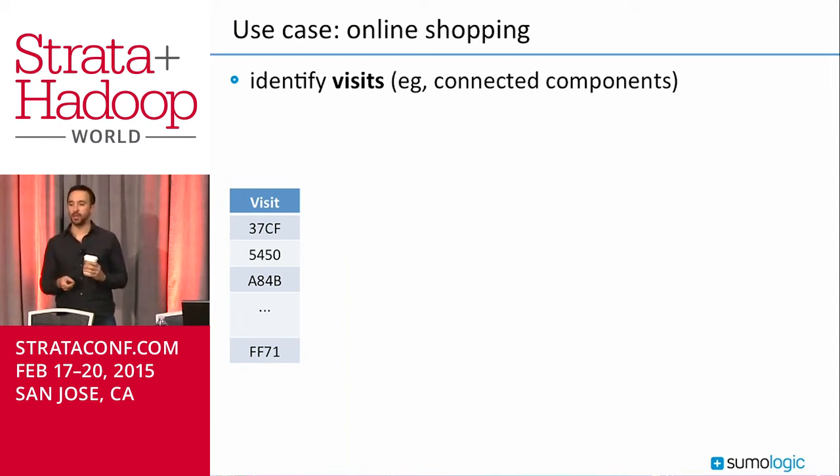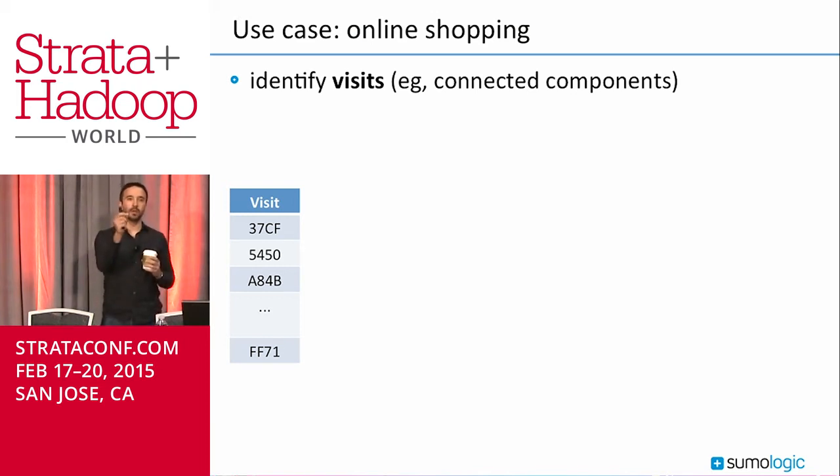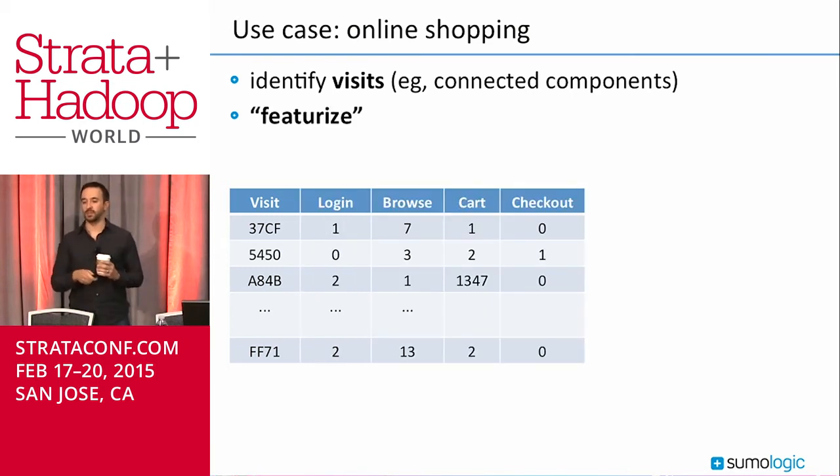So in this case, what we've taken here is this graph of different actions and interactions of your website or your app or whatever. And we've created this graphical underlying idea, and each visit is a connected component in that graph. So next, we're going to do this featurize thing.